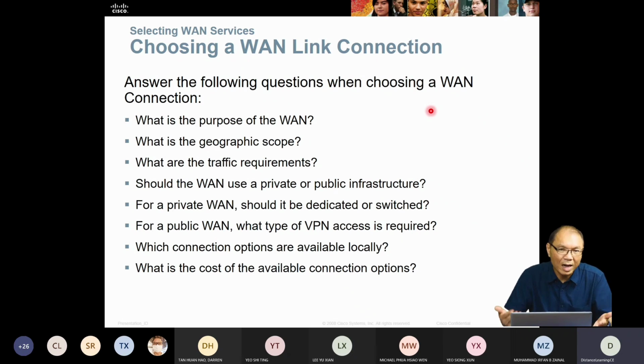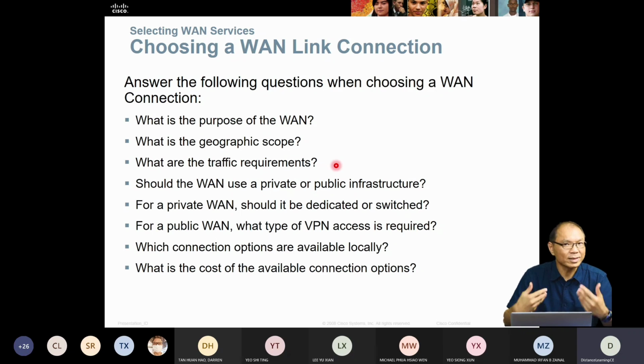Or you want to buy a car, you also have to decide whether you are going to have a 5-seater for 5 people, or a 7-seater to put more people when you are traveling. So a lot of decisions, you need to answer the questions, and the questions you must answer for a wide area network connection decision are all these questions.